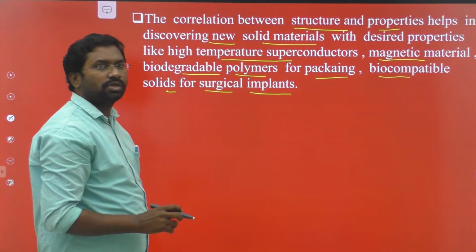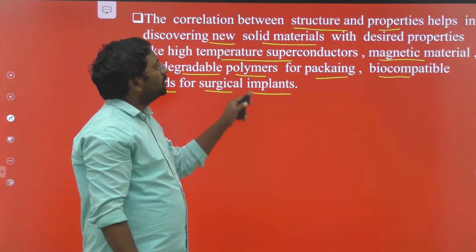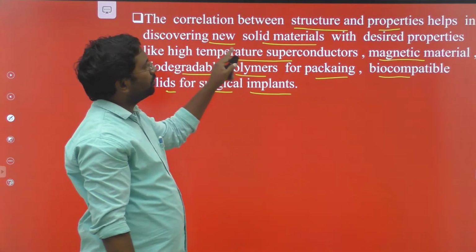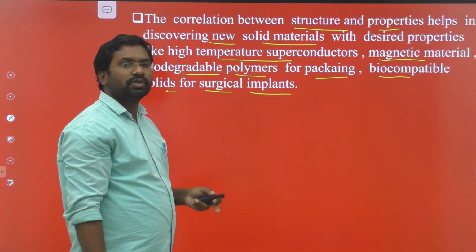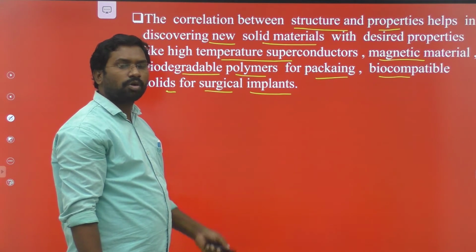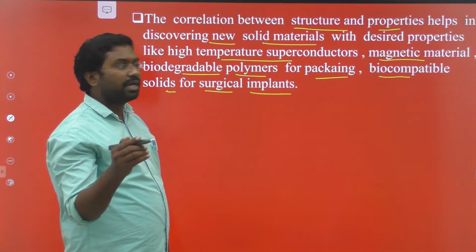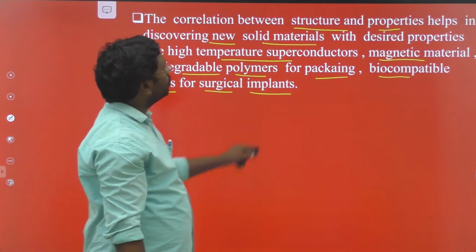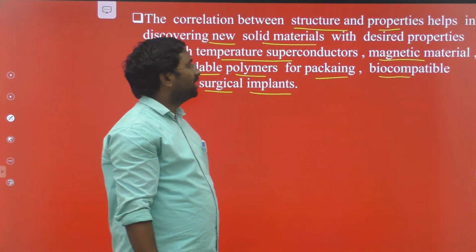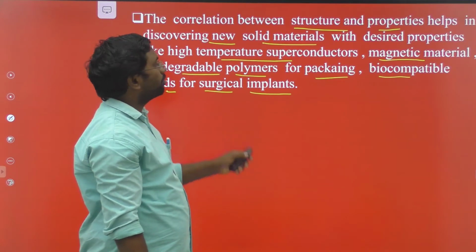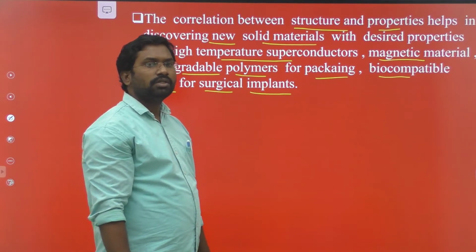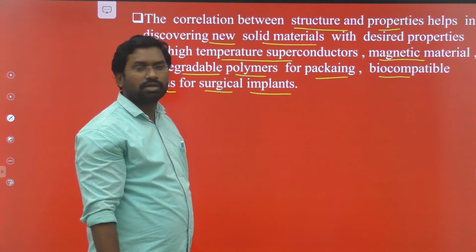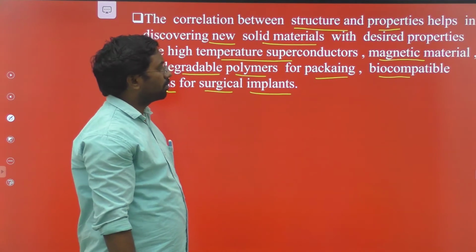So the structure of solids and the properties of solids are helpful in a wide range of uses, for discovering new solid materials with desired properties like high temperature superconductors. These superconductors are widely used for industrial purposes.